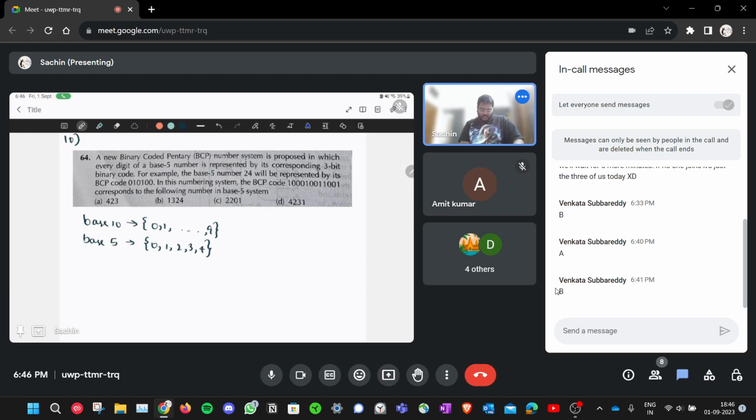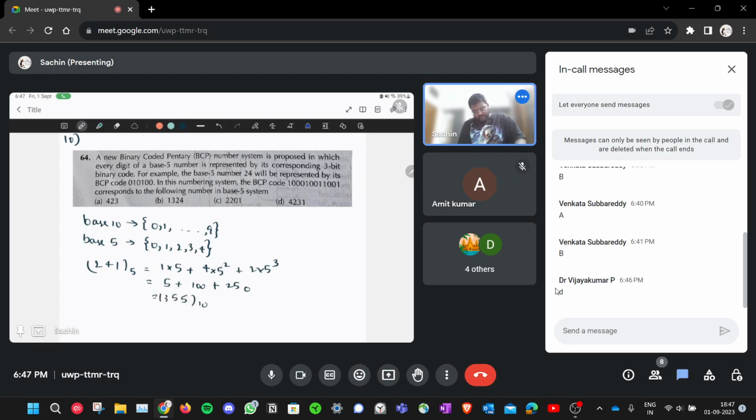And when you write a number, say 241, in base 5, in base 10 this will be 1 times 5 to the power 0 plus 4 times 5 to the power 1 plus 2 times 5 squared, and so on.